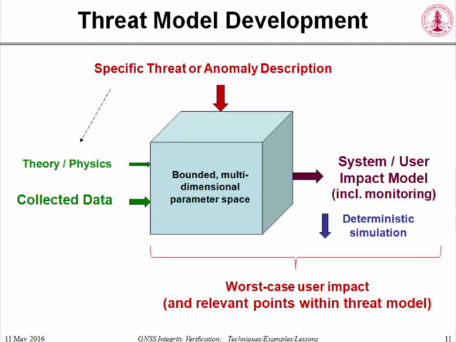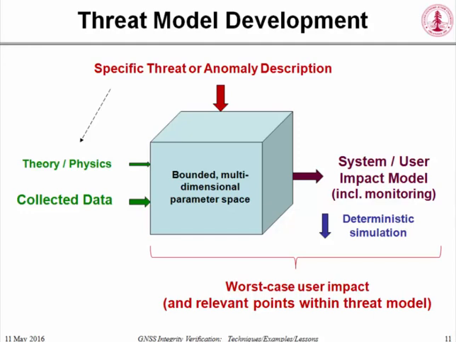It's something that occurs very rarely, but we developed a model that says if signal deformation occurs, it will occur within this general form and with a bounded set of parameters. So given this model of an anomaly, then we can verify that our monitors and our protection levels provide the necessary integrity protection. These anomalies occur rarely, so we rely on a combination of theory and whatever data we have to produce a threat model.